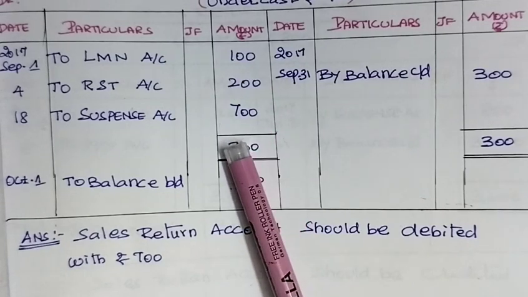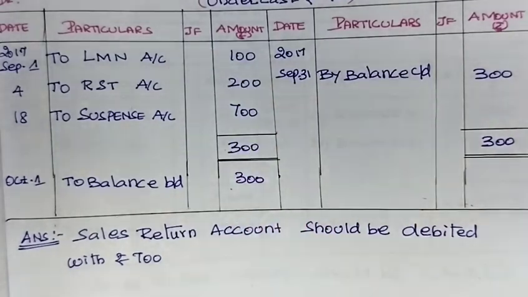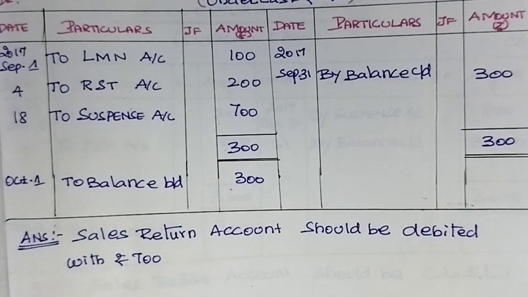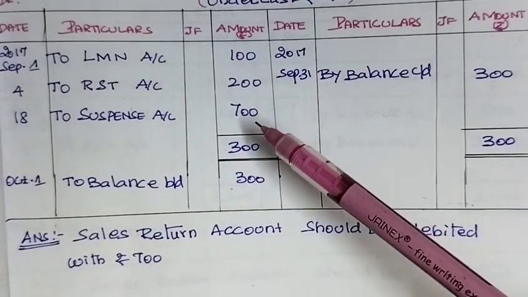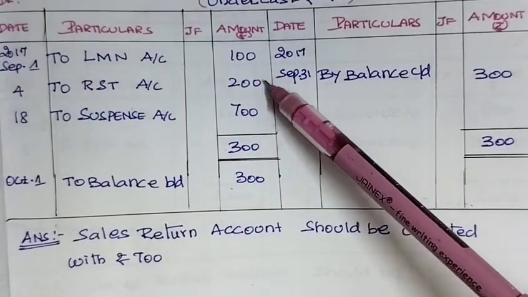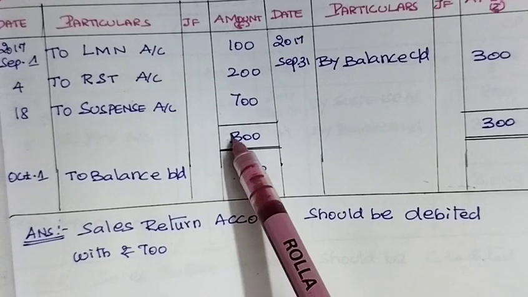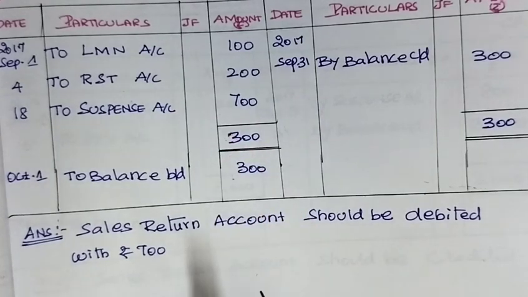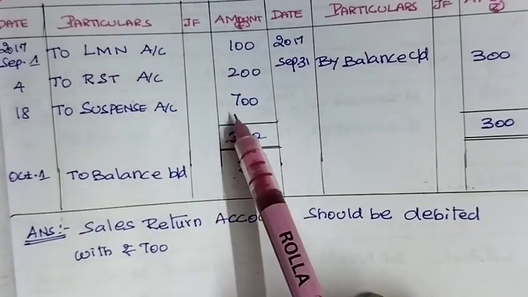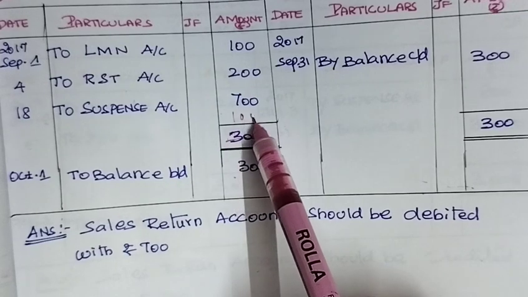Now everything will be changed. So how much do you get when you add the 700 rupees? 700, 800, 900, 1000 rupees. Okay, so you strike out that 300 rupees, then you write 1000 rupees.